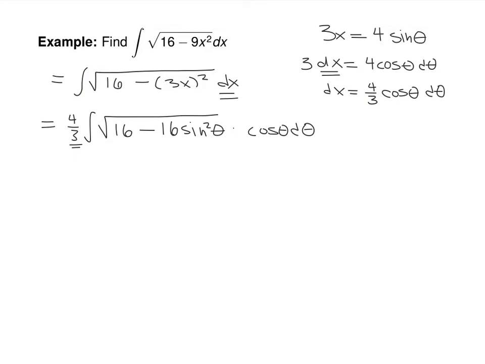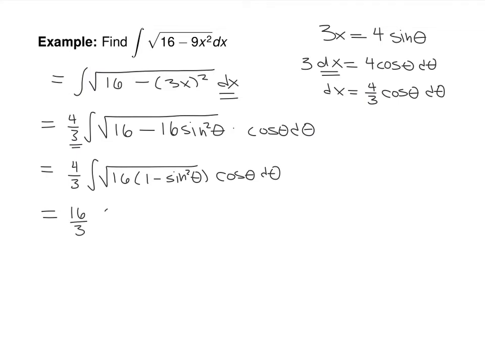Now with that radical, first factor out that 16, so 16 times 1 minus sine squared of theta. And so the 1 minus sine squared makes cosine squared, which roots to cosine. And the root 16 becomes 4. 4 times the 4 in the numerator of the other fraction is 16. So 16/3 integral cosine squared of theta d theta.